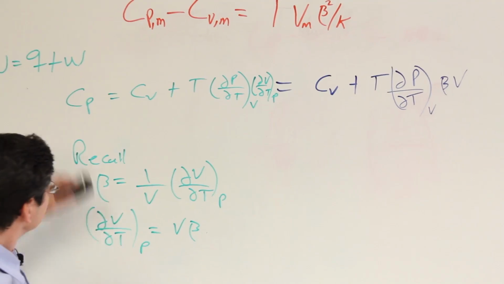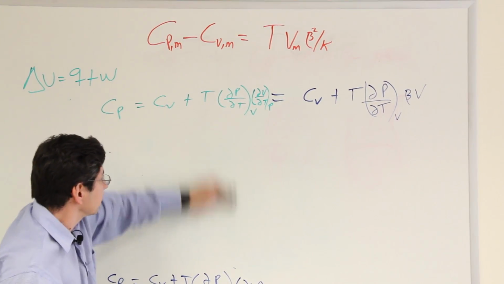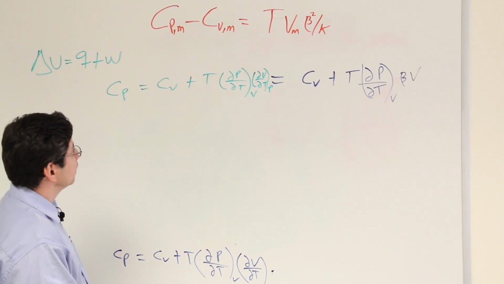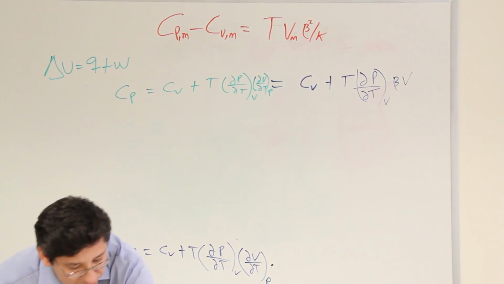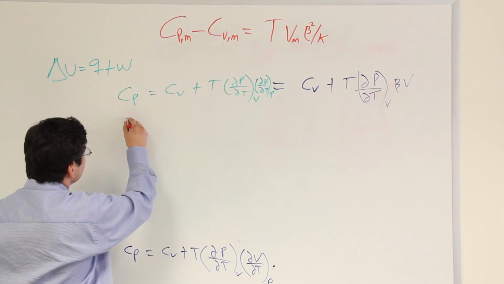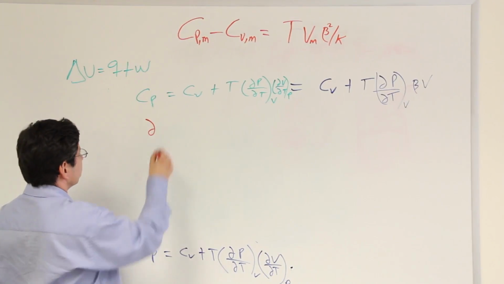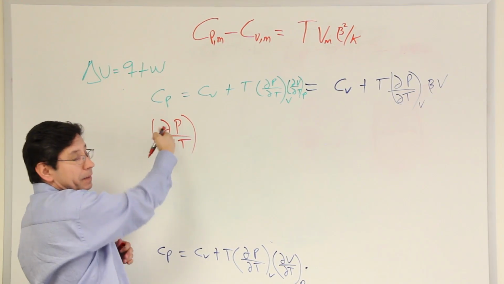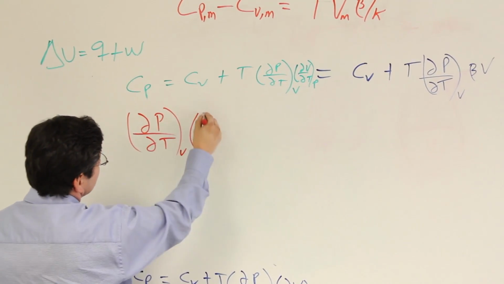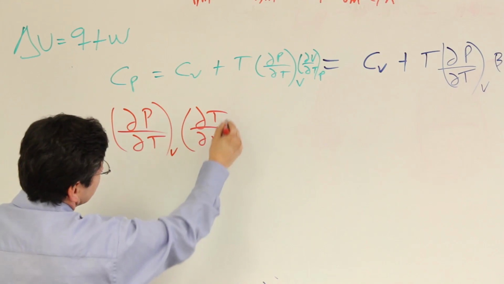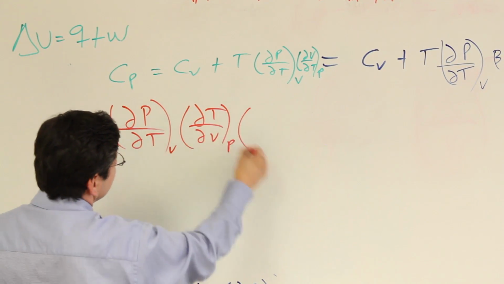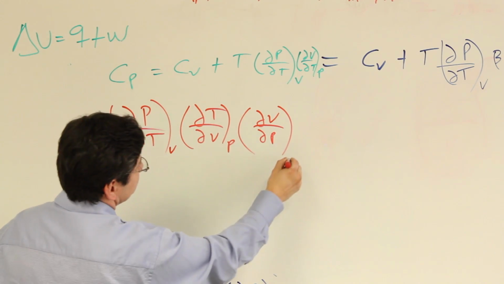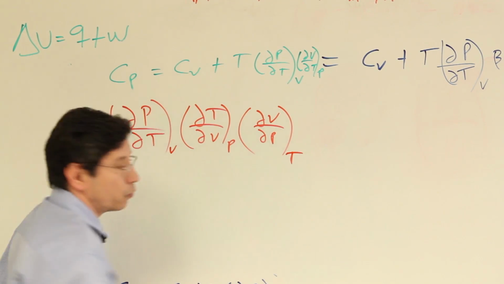Okay, so take a look at this. Let's use the red one now. So the deal here is the cyclic rule. The use of the cyclic rule, you guys remember, dP/dT at constant volume times dT/dV at constant pressure times dV/dP at constant temperature is equal to what?